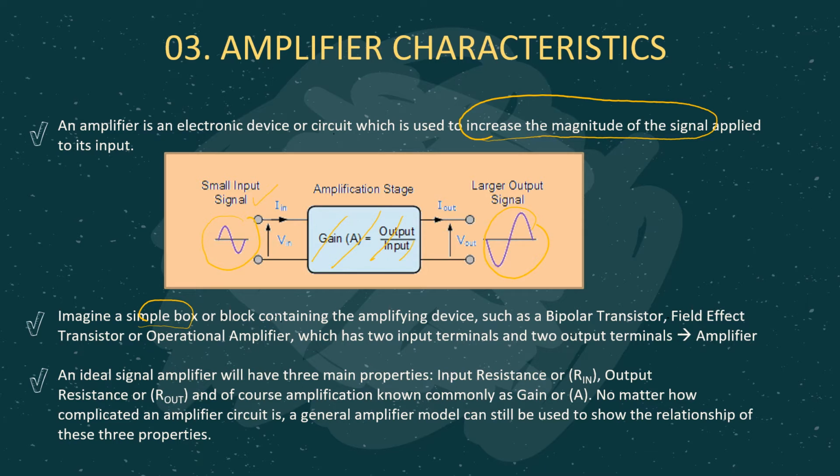All you have to know is this amplifier should have three main properties. What are they? It should have R in, R out, and the gain. All these three you have to know in order to represent the amplifier characteristics accordingly. So what are the three main properties? Input resistance R in, output resistance R out, as well as the gain.